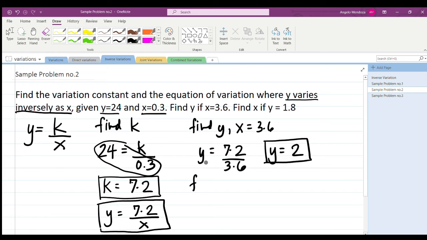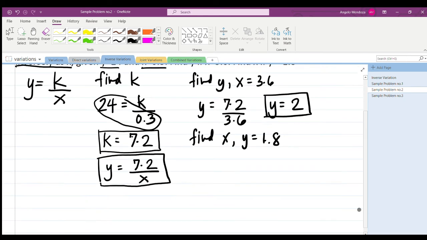The next one is to find x if y is equal to 1.8. Again using the equation, y is 1.8, equals 7.2 over x.